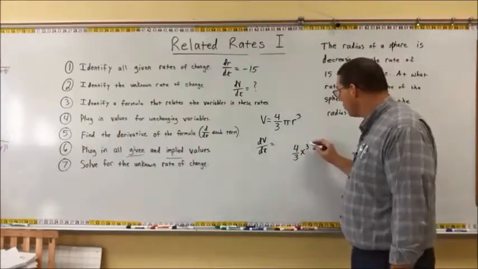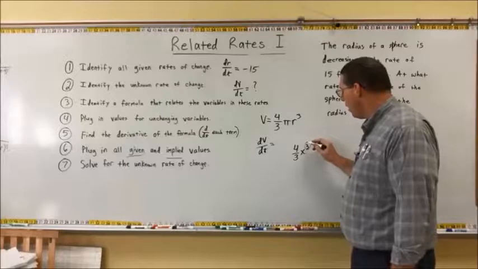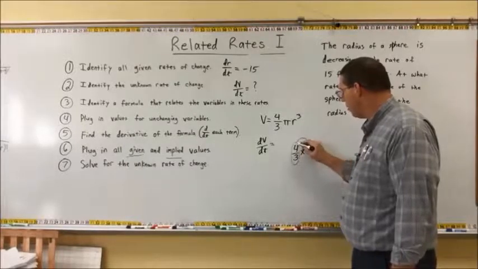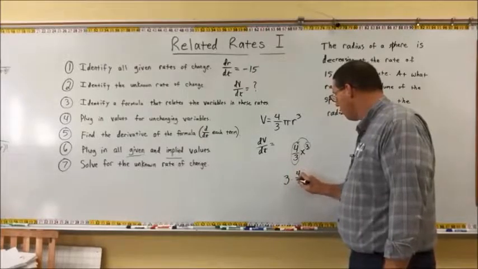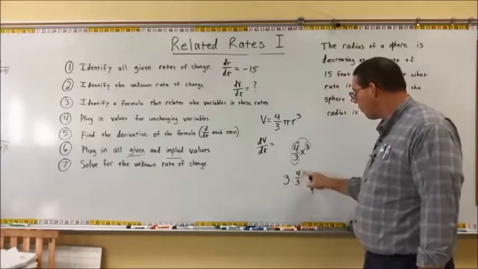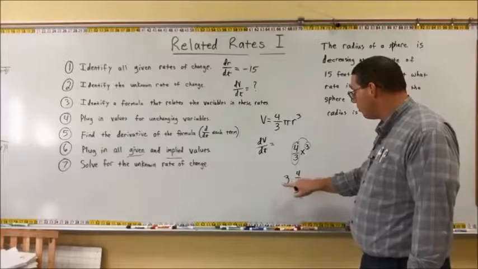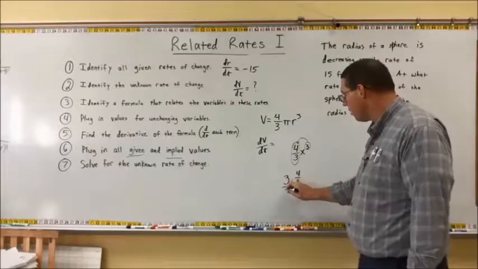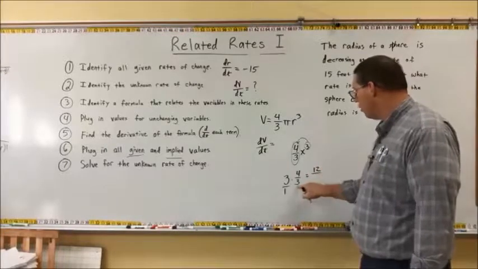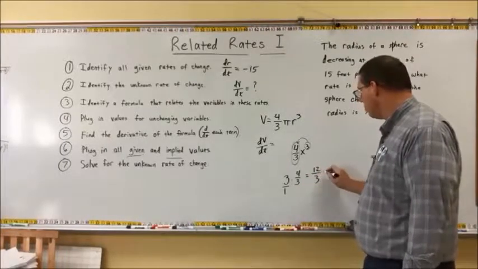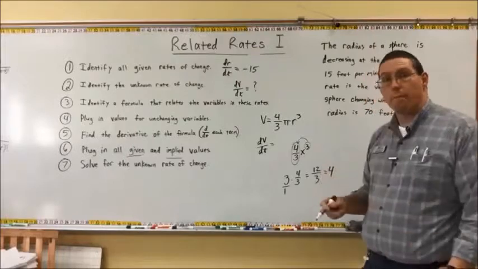Well, we know we're supposed to take the exponent and multiply it by the coefficient. Well, what is 3 times 4/3? Well, 3 times 4/3, we could either do 3 times 4, because this is the same thing as 3 over 1. 3 times 4 is 12 over 1 times 3, that's 3, and 12 divided by 3 is 4.